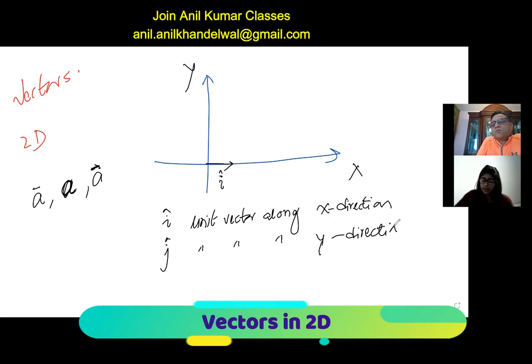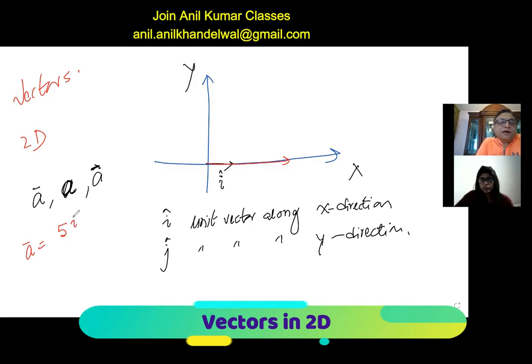But to be a unit vector, does it need to be one, or can it be any number? Unit means magnitude is 1. So for example, if I have to show a vector which is 5 units long, let us say my vector A is 5 units long, magnitude is 5, and it is along the x direction.